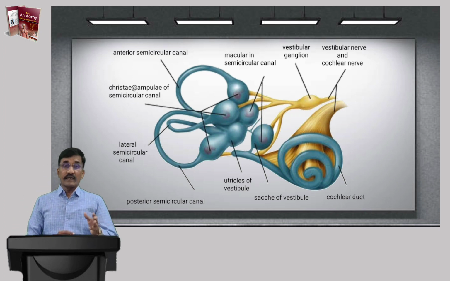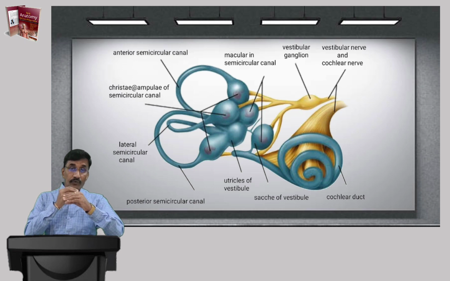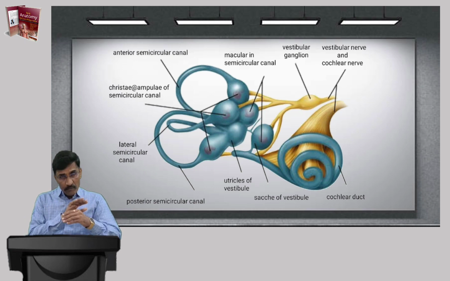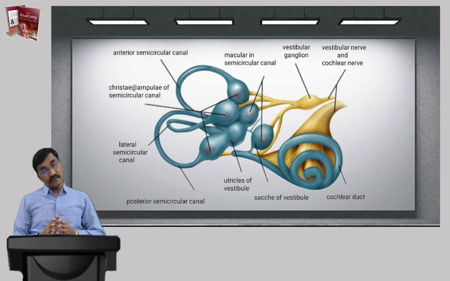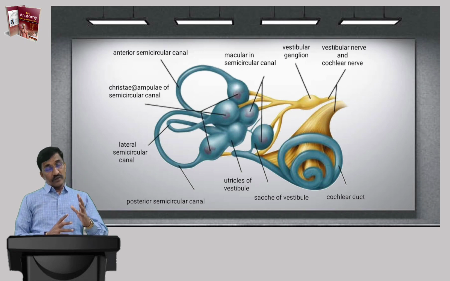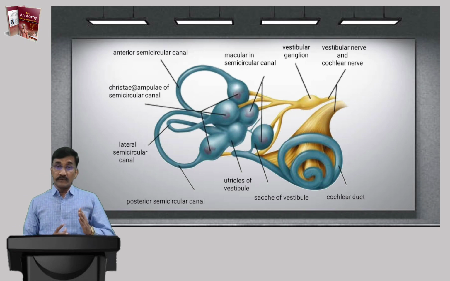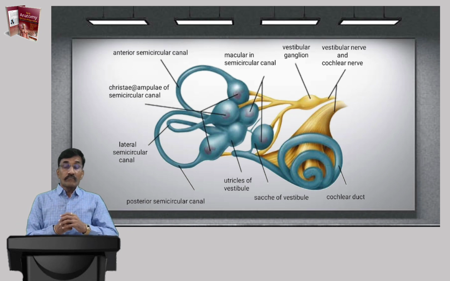This is a trick to remember. So the vestibule has a membranous labyrinth part, and that membranous part is the saccule and utricle, and in the same sense the semicircular canal has a membranous part, and that is the semicircular duct. All these 3 membranous parts are filled by endolymph.